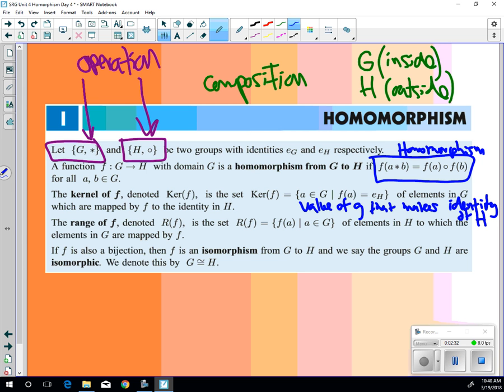Or if we're talking inside, outside, the value of the inside of the function that makes the identity of the outside of the function. The range is just looking for that one-to-one, or we called it onto function of the function.